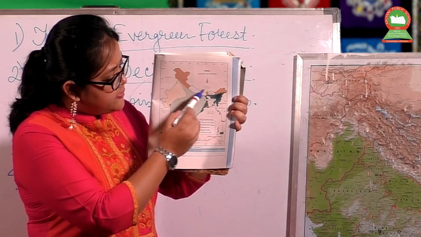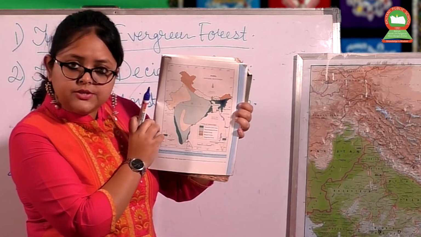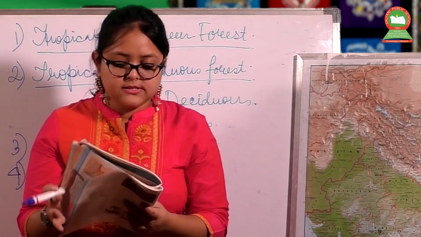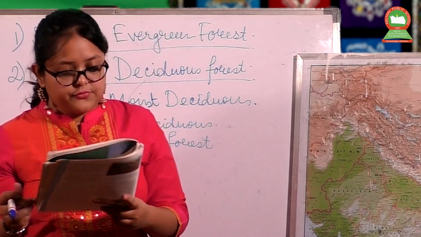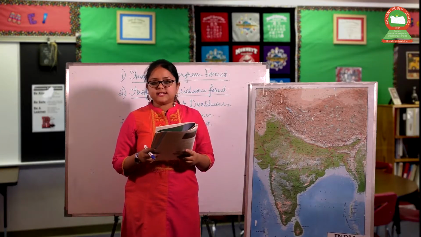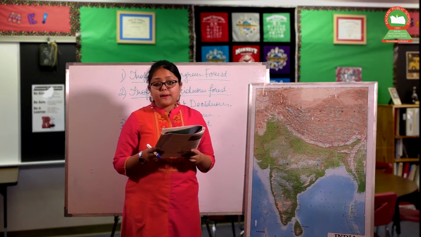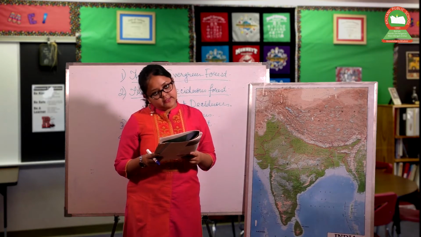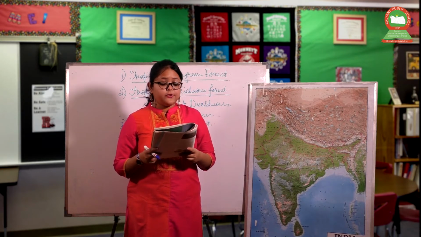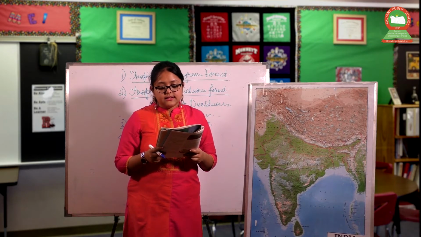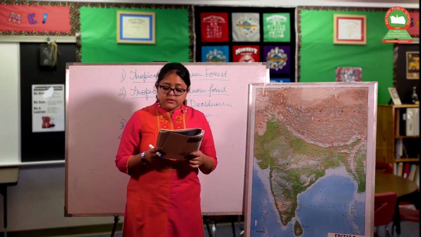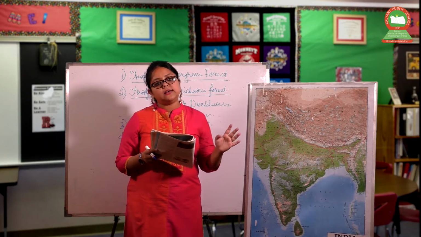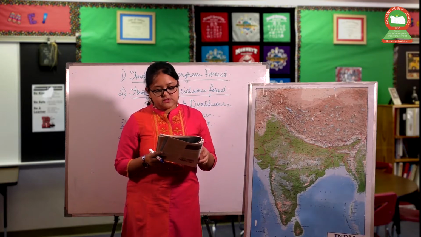In these places we will get montane forest. Now let's go to the features of these forests. In the montane forests, trees like pine, deodar, silver fir, spruce, cedar can be found. What are the animals we can get? Like yak, snow leopard, Tibetan antelope, shaggy horn ibex, all the mountain region animals.